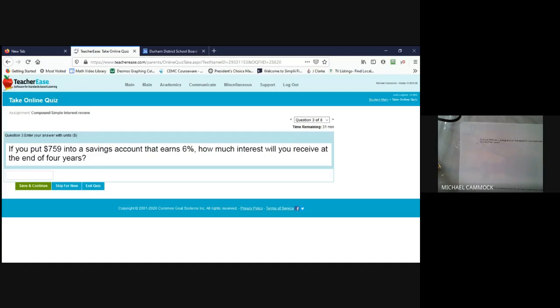Which one is it? Anybody? Is it interest or is it the amount for this question? Come on, there must be one of you who has an idea. Read the question, it's right there on the screen.